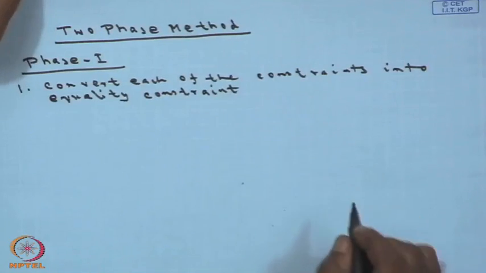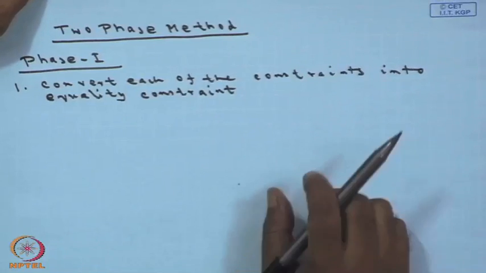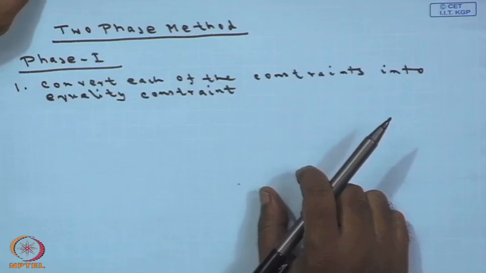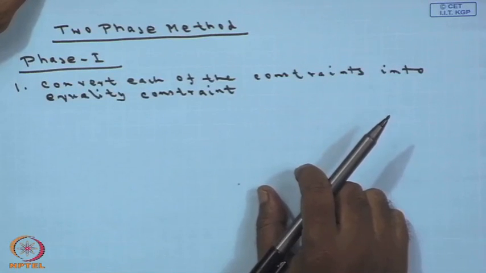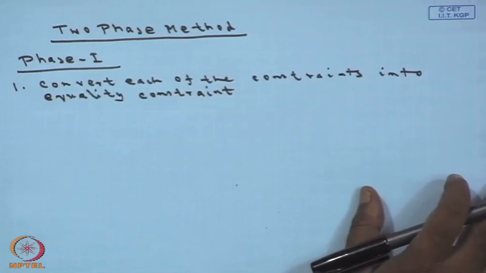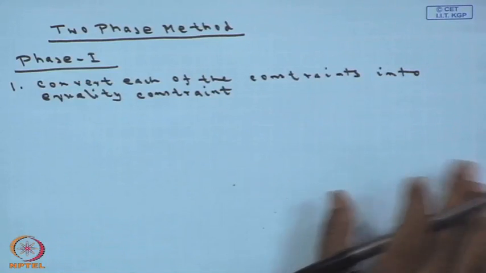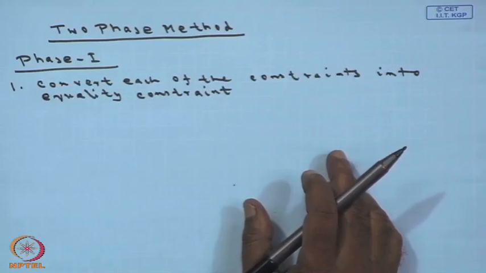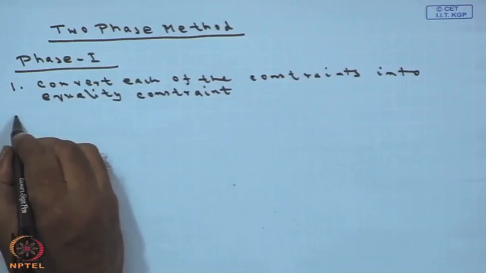Obviously, whenever you are converting into equality constraints, you use slack variables, surplus variables and artificial variables, otherwise you cannot convert them into equality constraints, and this we have already seen earlier. Or in other words, you are writing the LPP in the standard form.